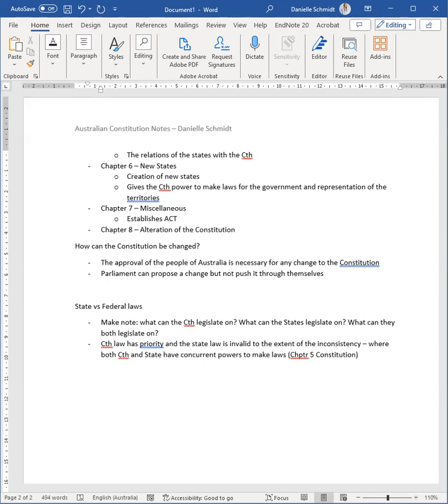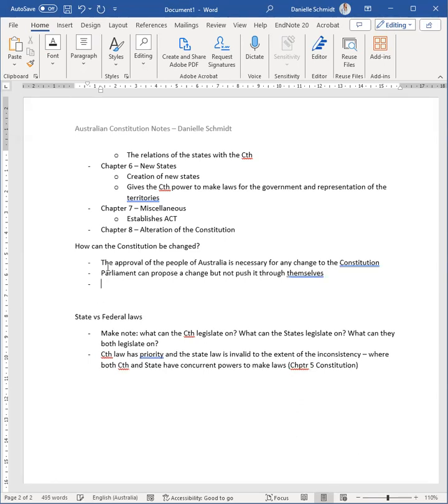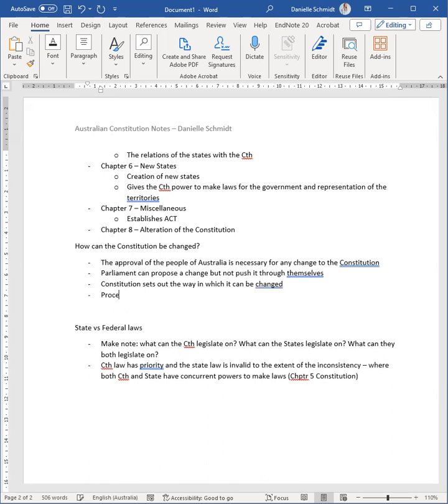So the Constitution sets out the way in which it can be changed. So I'm just going to write the way in which it can be changed. A proposal to alter the Constitution starts as a bill, so process brief. We're going to keep this very brief.